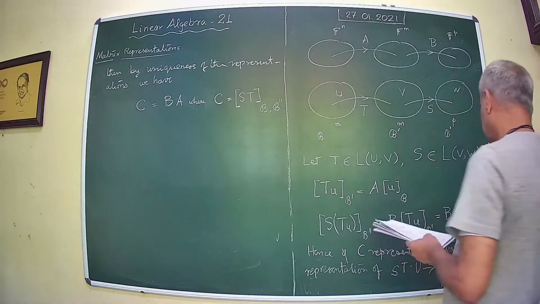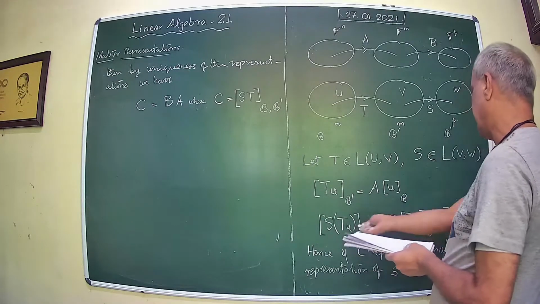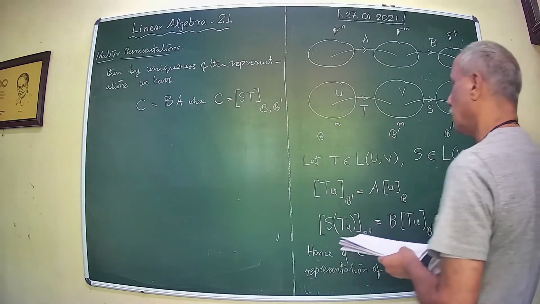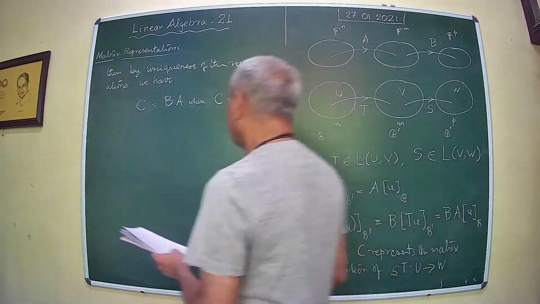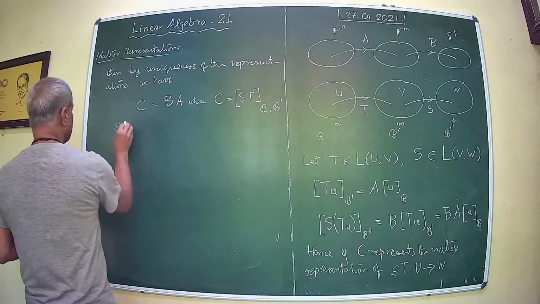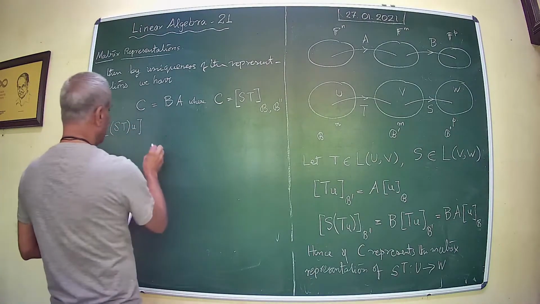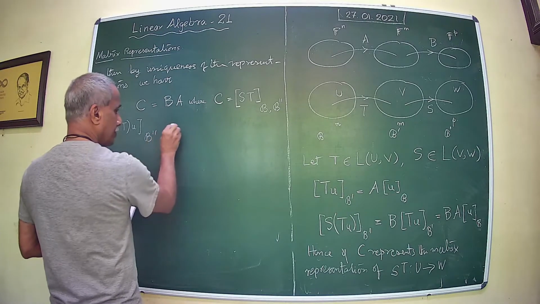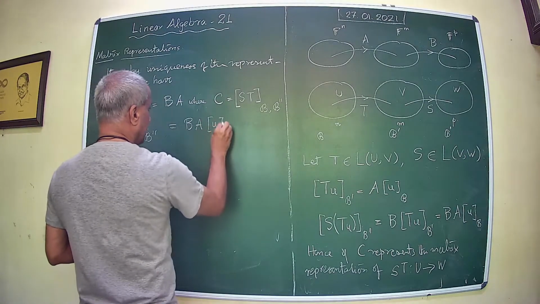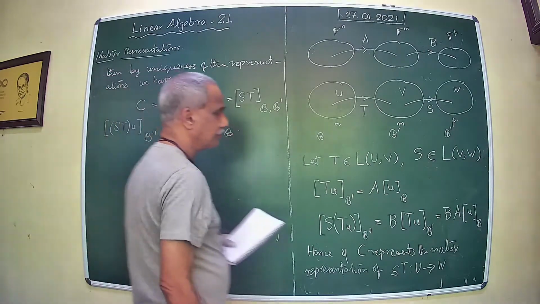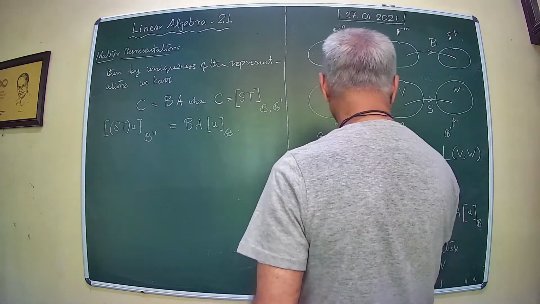Okay, so you have ST of U, B double prime equal to BA. The same relation as you have.